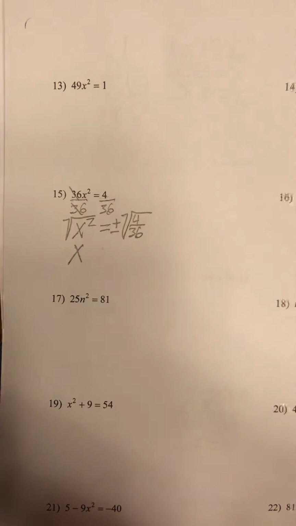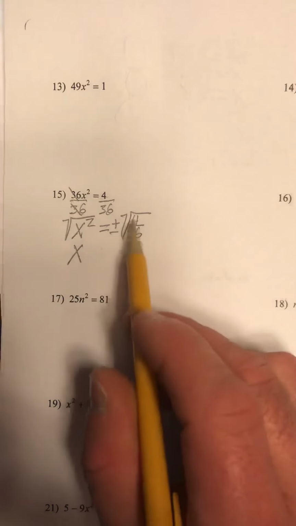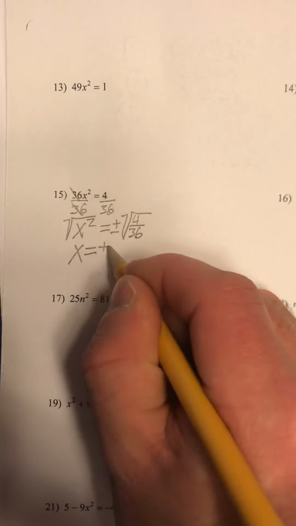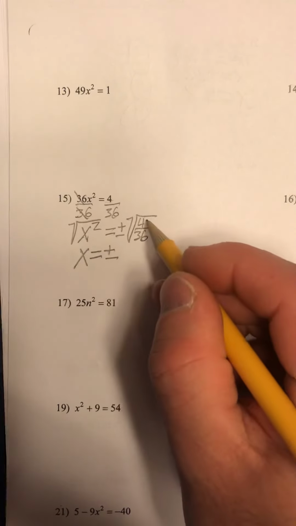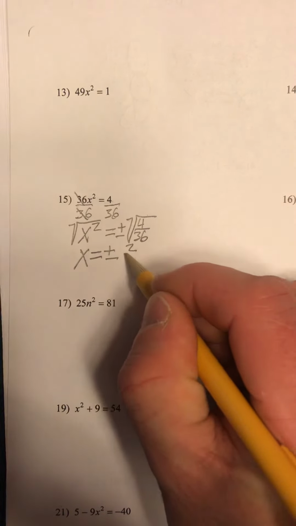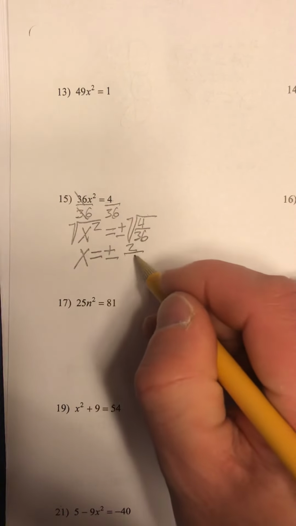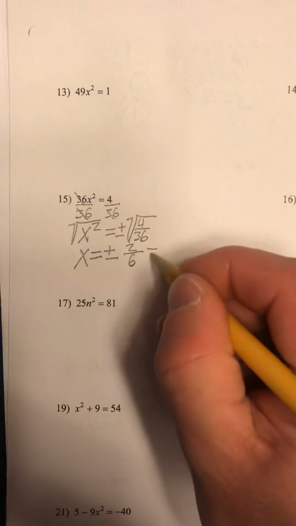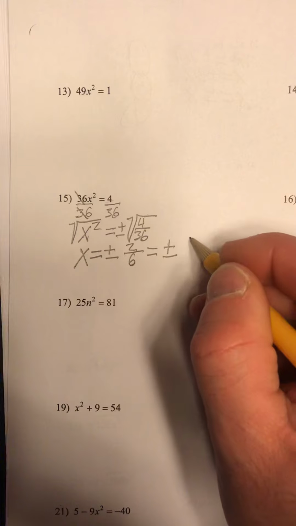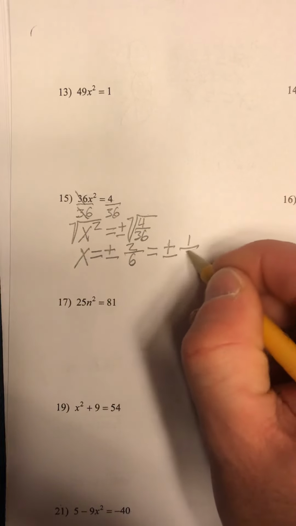The way I'm going to handle this is I take the square root of the top and the square root of the bottom. The square root of 4 is 2, and the square root of 36 is 6. And 2 over 6 simplifies to 1 over 3. So plus or minus 1 over 3.